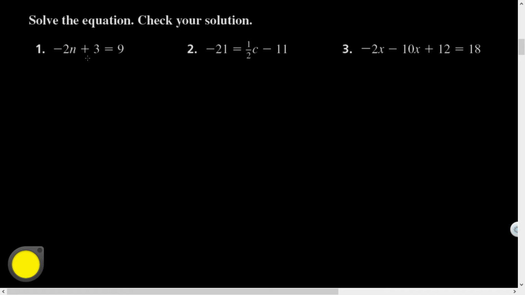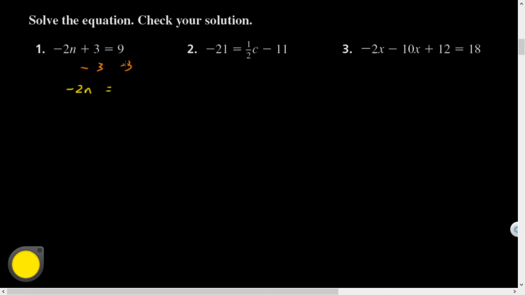Addition. So to deal with the addition, what's the opposite of adding 3? So I'm going to subtract 3 from both sides. Theoretically, you can try dividing both sides by -2, but it'll create a bunch of fractions. And in general, students are not fans of fractions.